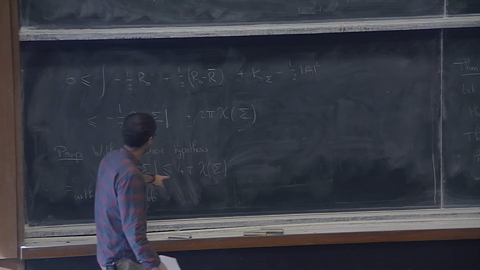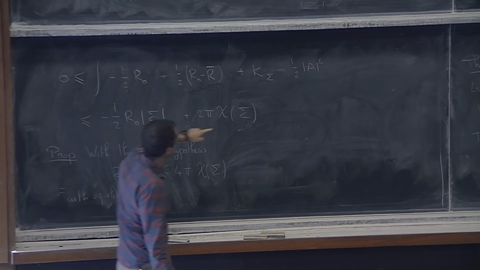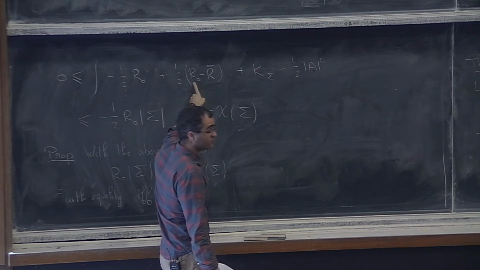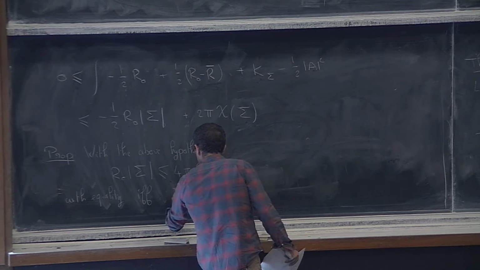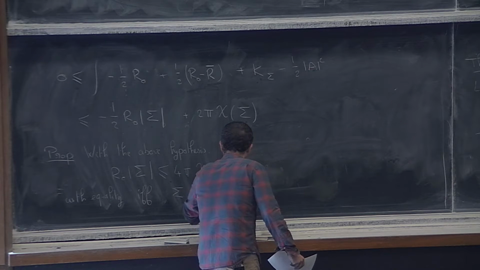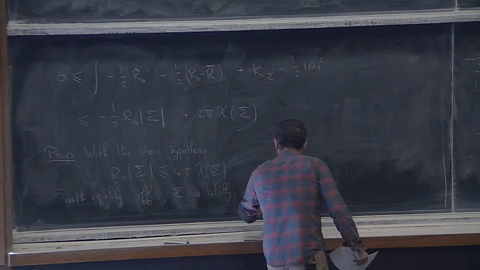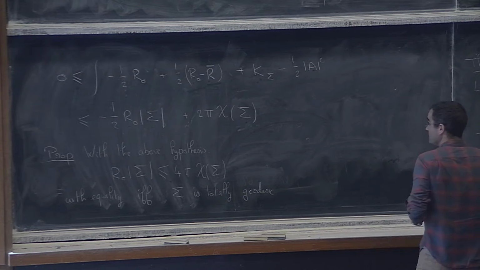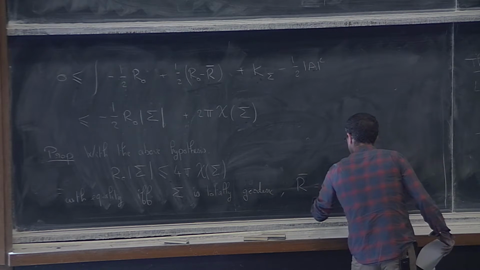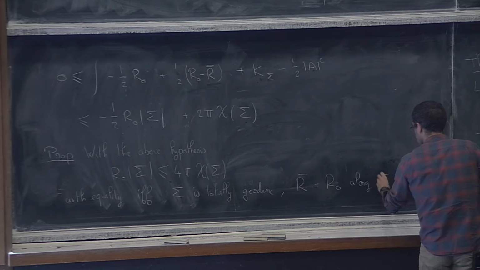So if I have equality there, I must have equality there. So it implies that A has to be 0, this has to be 0. So sigma is totally geodesic. The scalar curvature is equal to R naught along sigma.